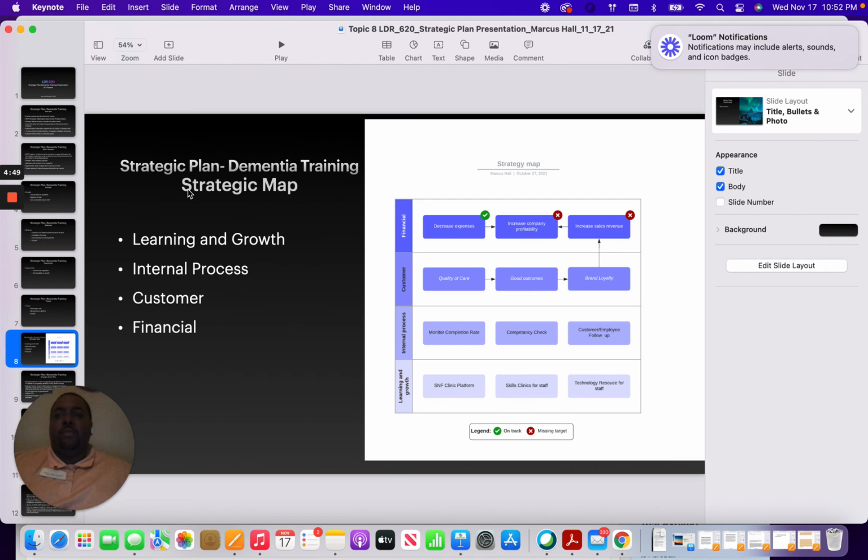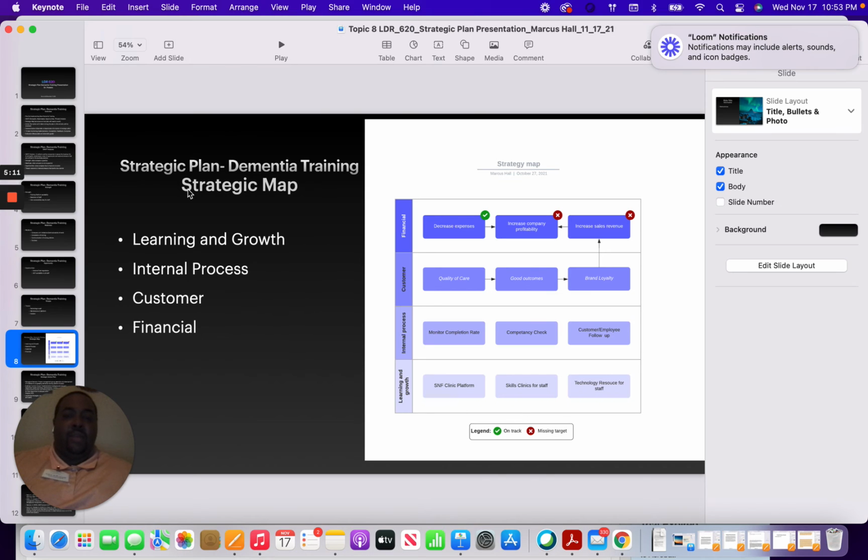Now, strategic mapping of this dementia training. Really the financial piece: once we gather all of this information and put it into one place, it is cost efficient and we will see a decrease in expenses. It's not something that will be a moneymaker.